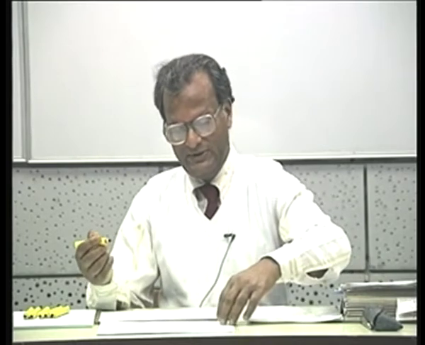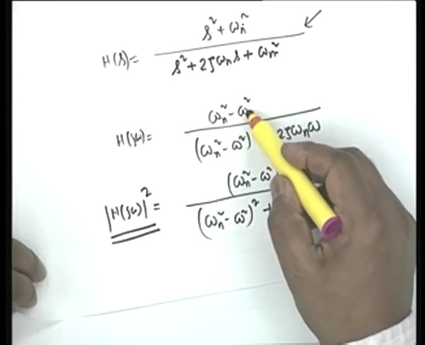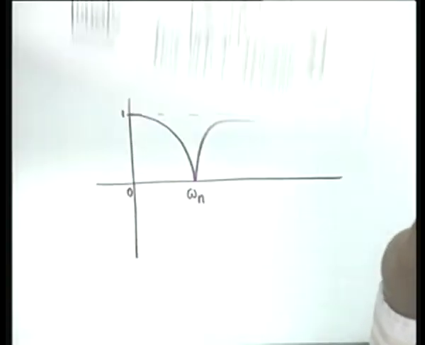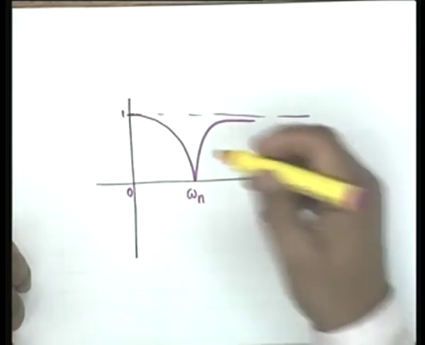You can see it from here, that there is a phase discontinuity at this point. Okay? So it just comes like this and it goes like this. It's not a smooth curve.